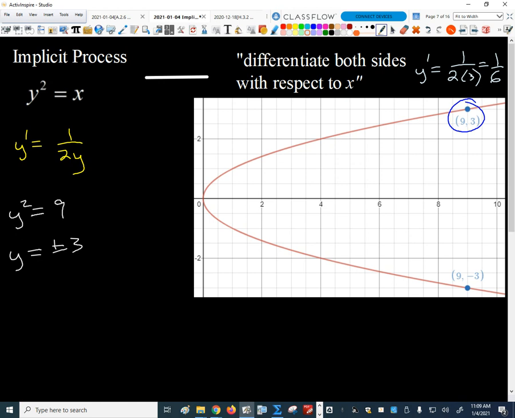What about down here? Down here, y prime equals 1 over 2 times y, but in this case, y is -3, so I get a slope of -1/6. Look how easy that is using the implicit process to get there much faster.